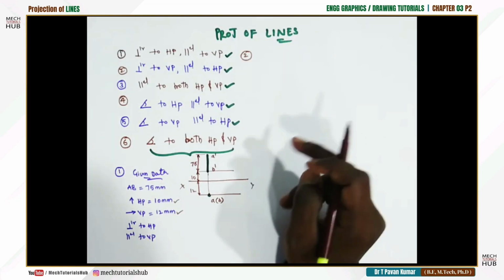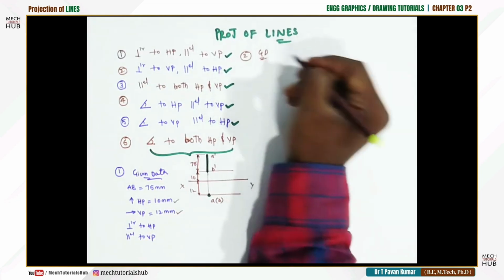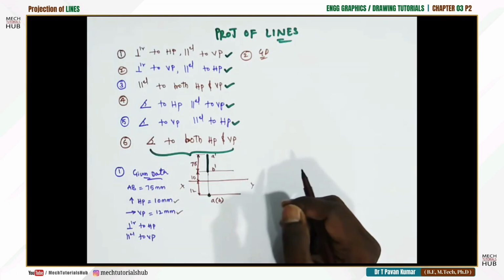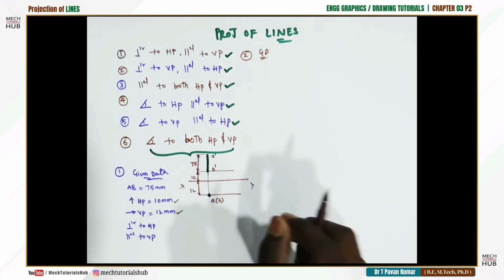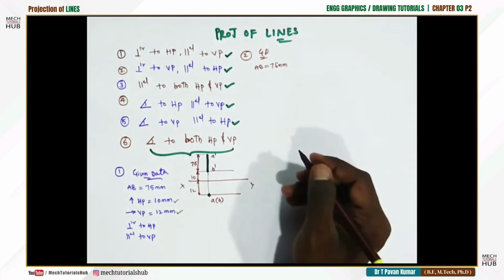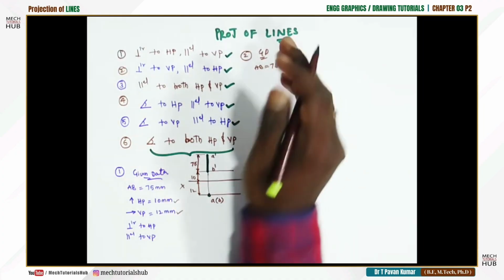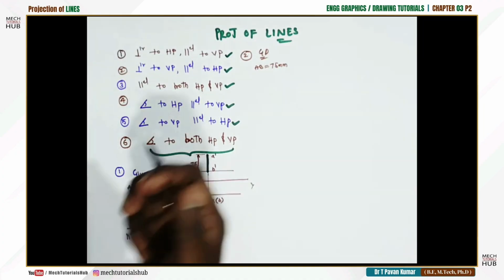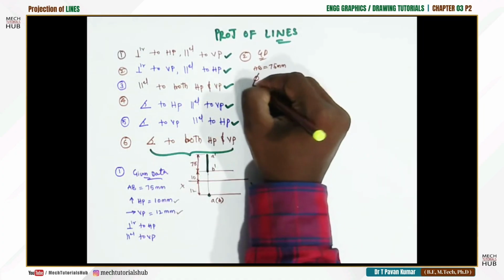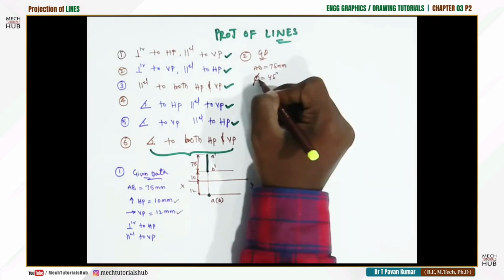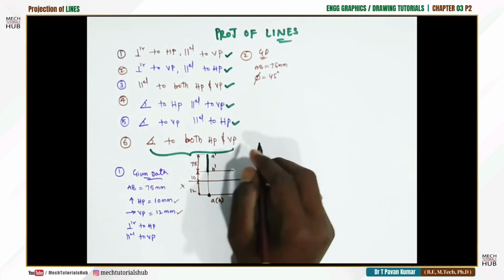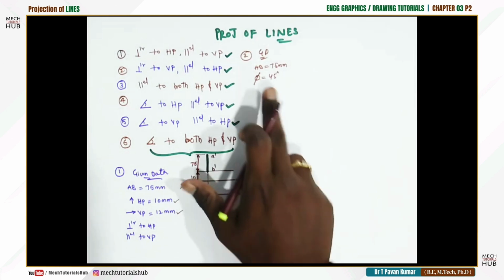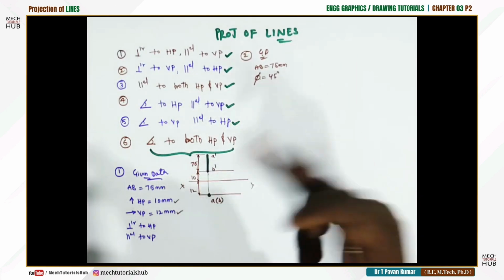Number 2, a line AB. I'll write the given data. Listen to my question: a line AB of 75 mm length, making an inclination of 45 degrees with VP. Whenever a line is making an inclination with VP, I'll consider it as phi for our understanding. Phi 45 degrees means with VP only. If it is theta with HP, theta 45 degrees means the line is inclined with HP.